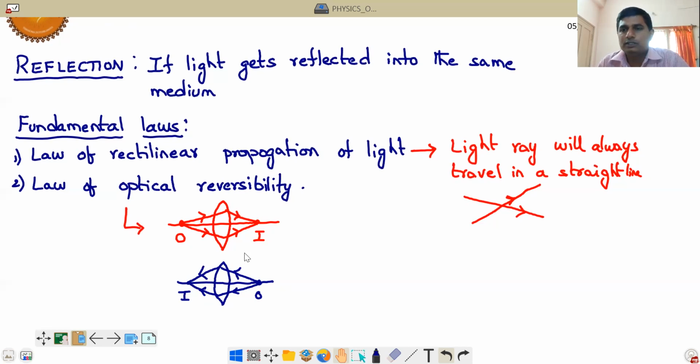So these two can be interchanged, they are reversible. That's why it's called the law of optical reversibility. And then comes the law of reflection that you already know, which states that the angle of incidence is always equal to the angle of reflection, and the incident ray, reflected ray, and the normal will always lie in the same plane, and they meet at one point. That's the basic law called the law of reflection.